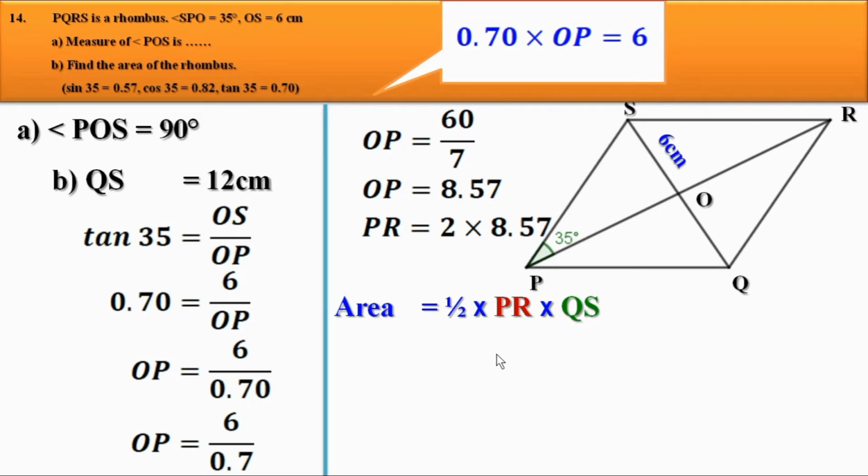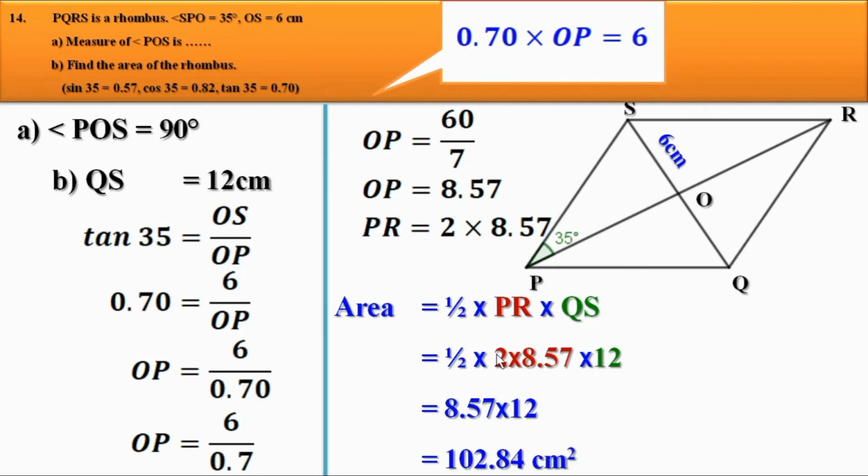So we can write half into 2 into 8.57 into QS is 12. Therefore into 12. Now half into 2 is 1. So we can write it as 8.57 into 12. Multiplying, we get 102.84 approximately. Therefore the area of the rhombus equal to 102.84 centimeter square.